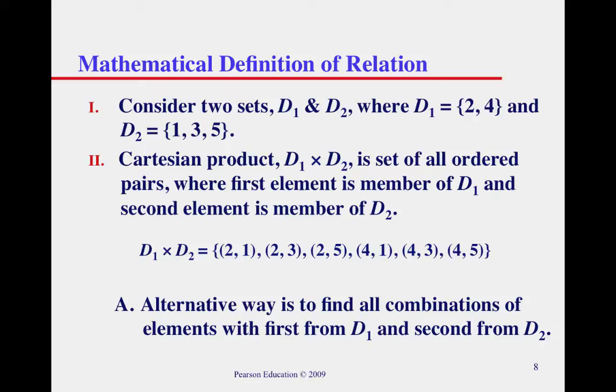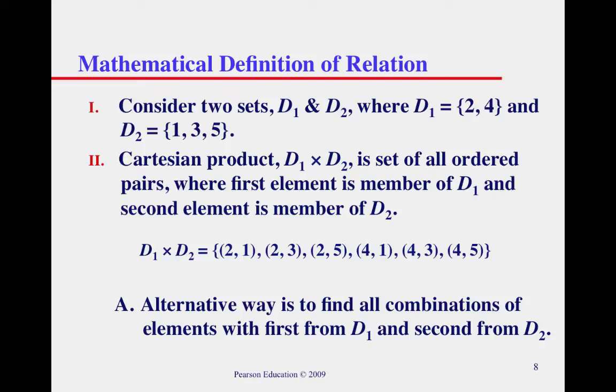The universe of tuples that can be created from these two domains is their Cartesian product. You'll also hear me call it the cross product. D1 looks like a multiplication sign, D2.